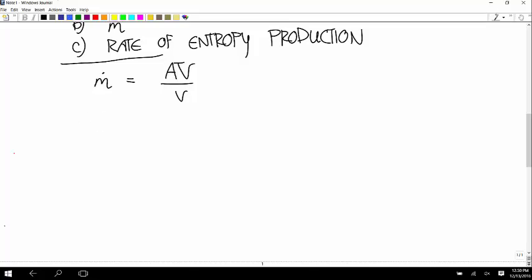Let's say we start with it's steady state, so entropy just isn't changing at any spot.